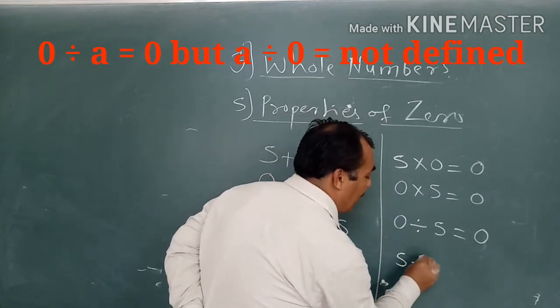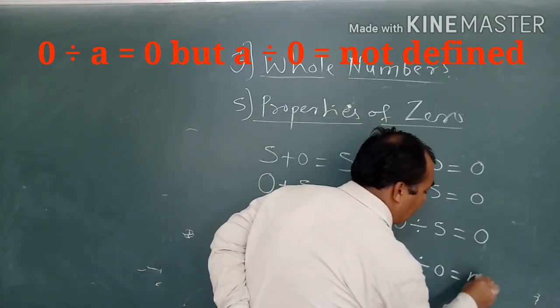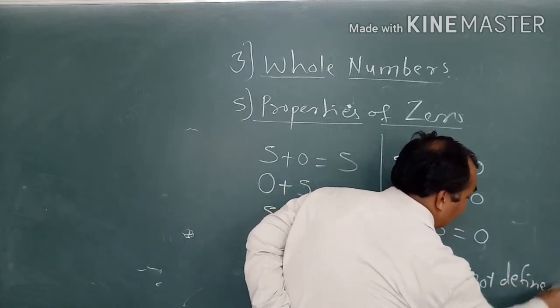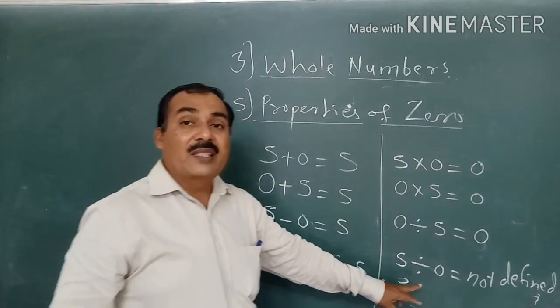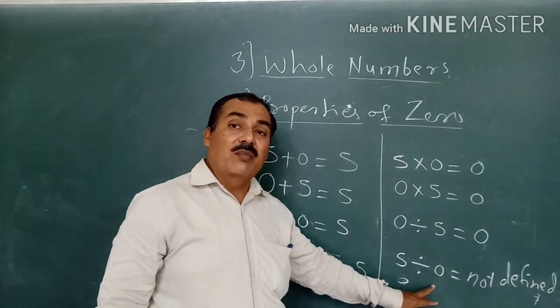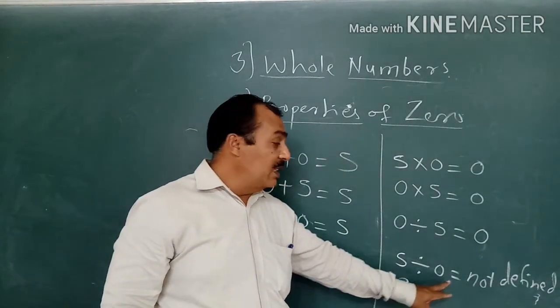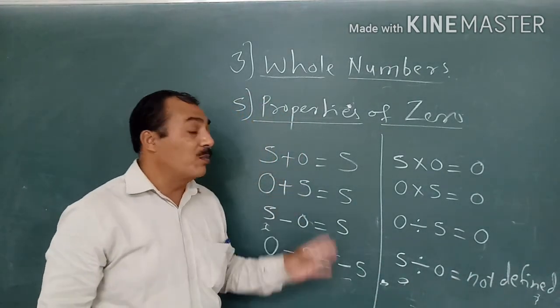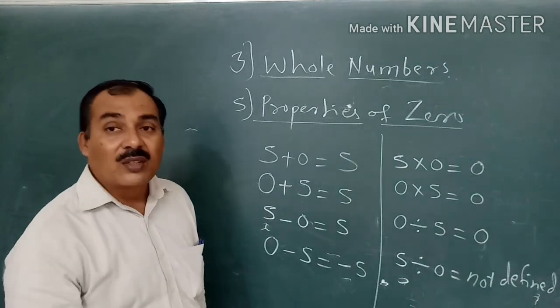But 5 divided by 0 is not defined. Division by 0 is not allowed in maths. It is meaningless. It is not defined. And that's why these are the properties of 0.